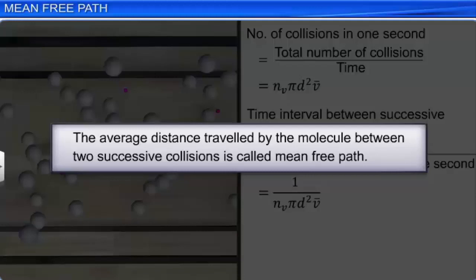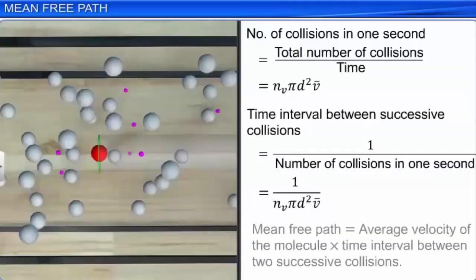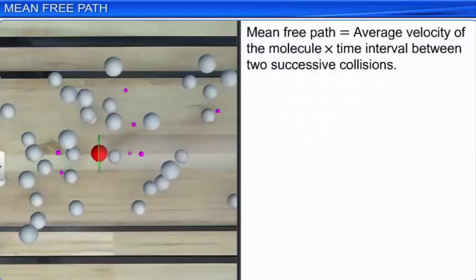That is, mean free path is equal to the average velocity of the molecule multiplied by the time interval between successive collisions. Thus, mean free path is equal to v bar into 1 by nv pi d square v bar, which is equal to 1 by nv pi d square.